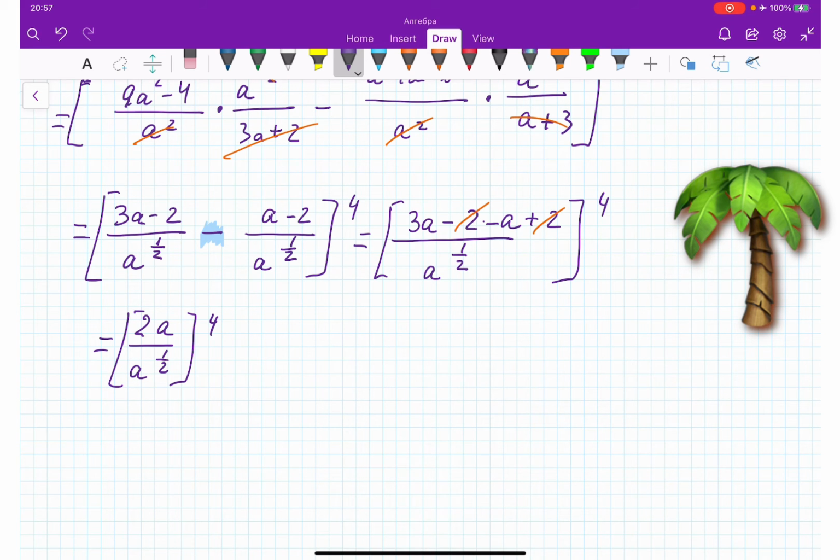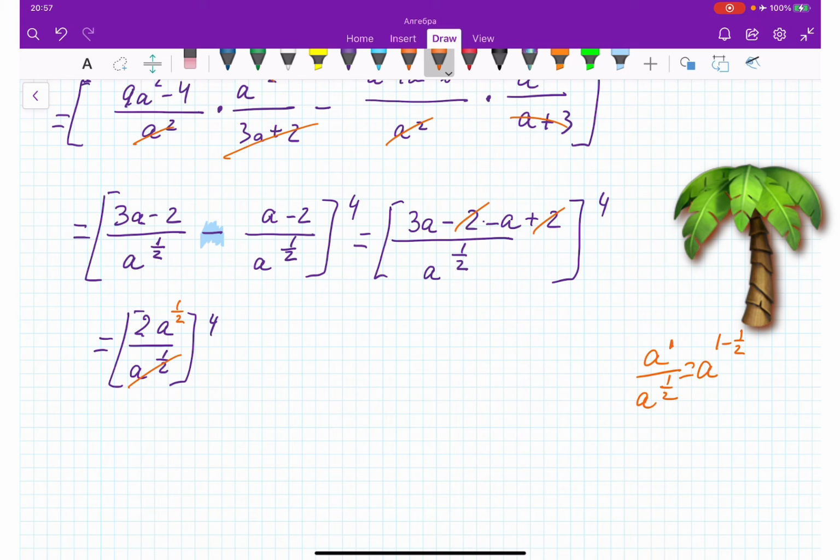And we are getting a and a divided by a to power 1/2. This is going to be gone. Here we will have left 1/2. Right? 1, because look here, a divided by a to 1/2. This is 1, right? It's going to be 1 minus 1/2. So in the numerator will stay 1/2.